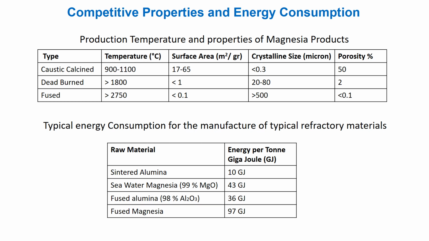Comparative properties and energy consumption of different sintered and fused materials are shown here. Fused magnesia has the highest crystal size and less porosity. However, it demands maximum energy during processing.